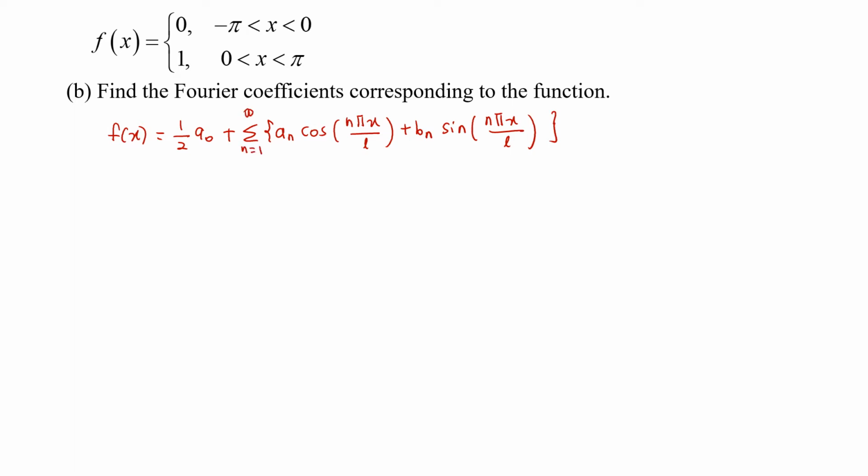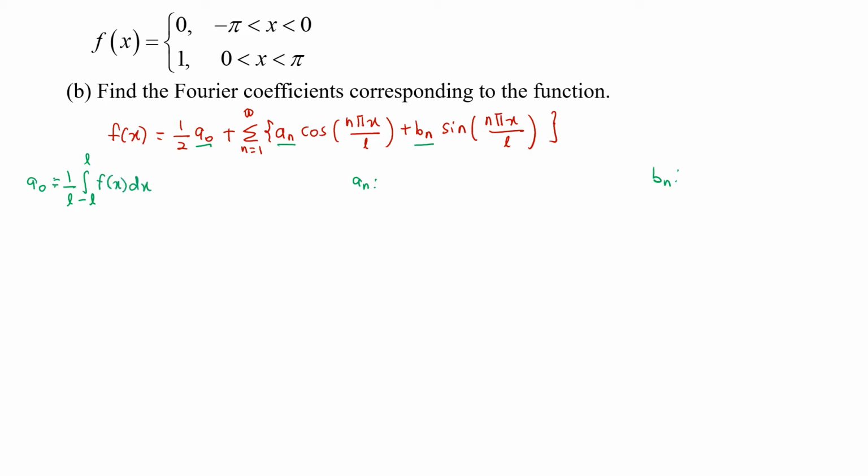So the Fourier coefficients are a naught, a sub n, and b sub n. We need to find the value of a naught, then an, and bn, where a naught is given by 1 over L, the integration from negative L to L of f(x) dx.